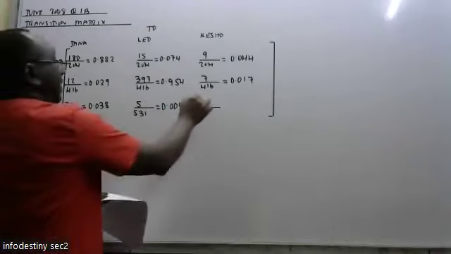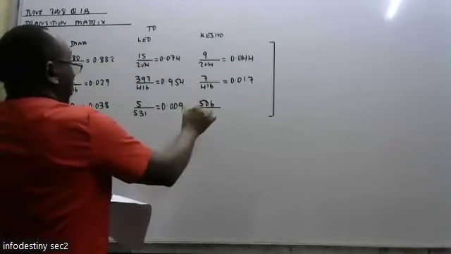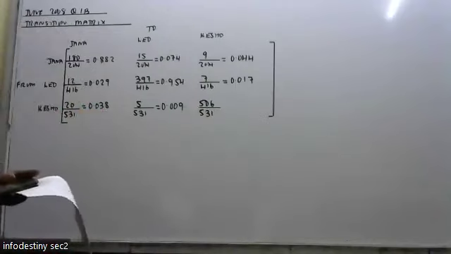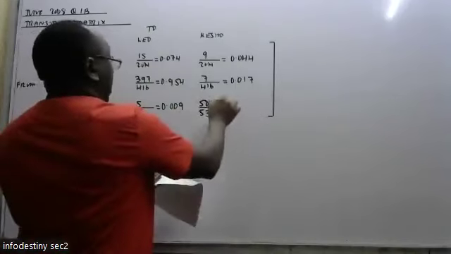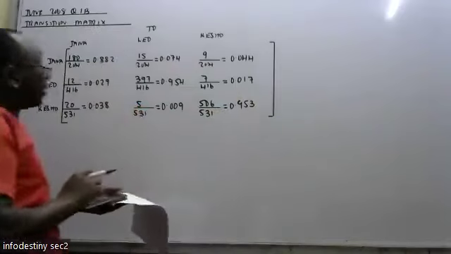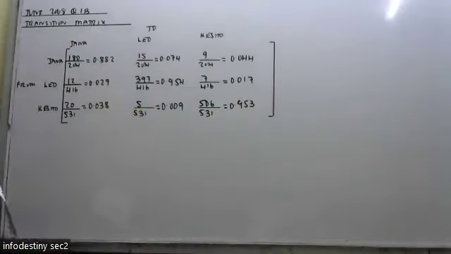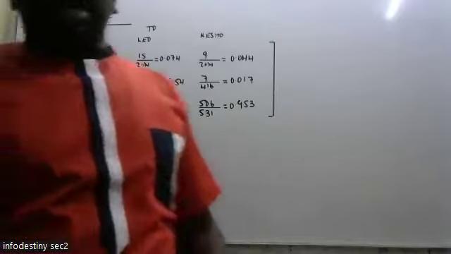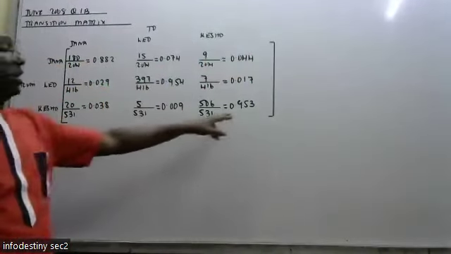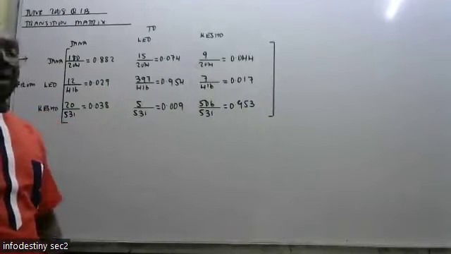We must have retained 496 against 521. So divide by 521 and get 0.953. So 0.038 plus 0.009 plus 0.953 equals exactly 1. Now, in the event that they don't add to 1, you subtract the first 2 from 1 so that you get that one, because they must always add to 1.